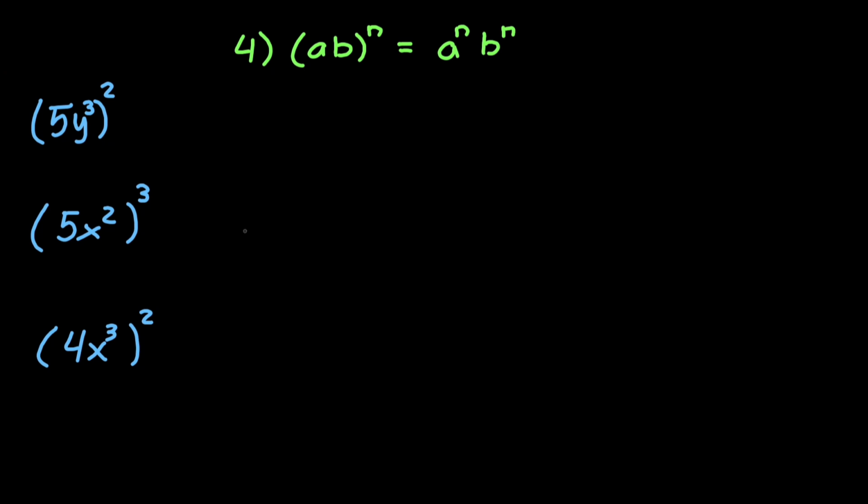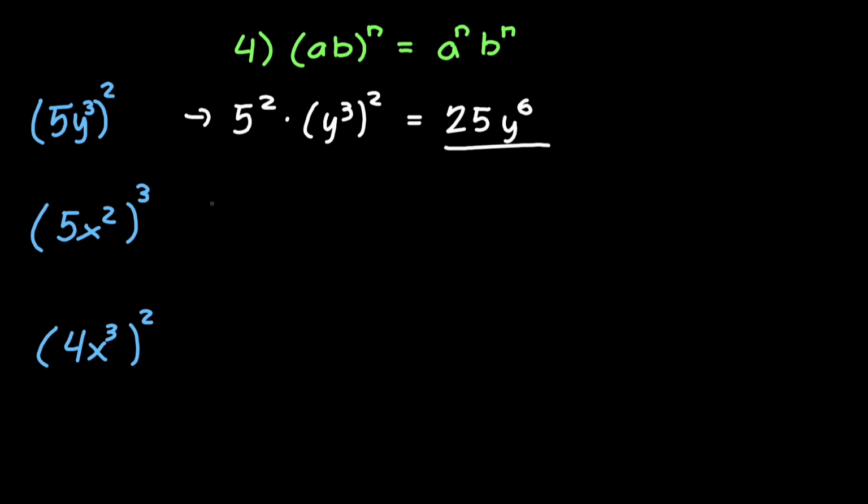Let's try some more. 5y cubed raised to the power of 2. It would be 5 squared multiplied by y cubed raised to the power of 2. 5 times 5 would be 25, and y cubed raised to the power of 2 would be y raised to the power of 6. 5x squared all raised to the power of 3.